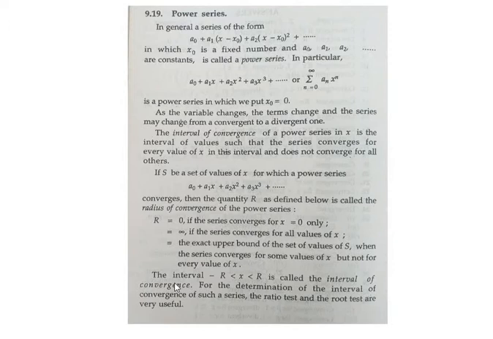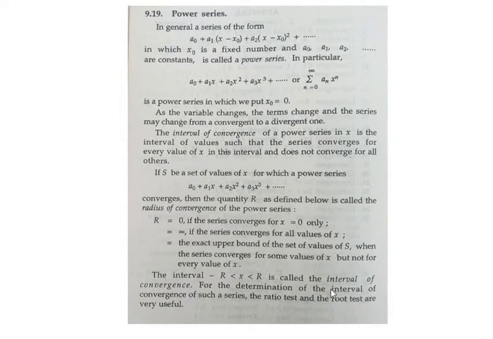Then the interval x belongs to the open interval minus R less than x less than R, that is, the open interval (minus R, R), is called the interval of convergence. So R is the radius of convergence, and the open interval (minus R, R) is the interval of convergence.